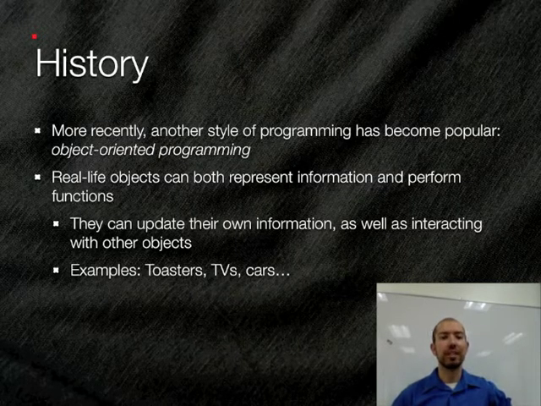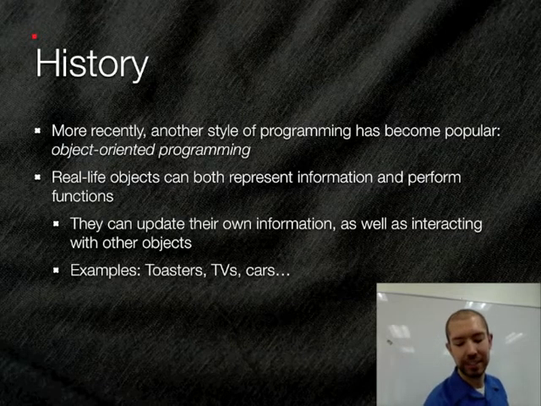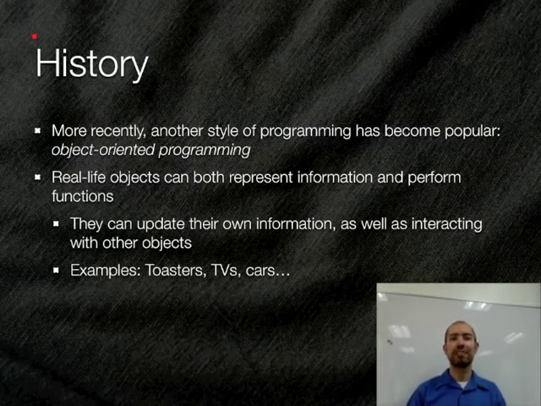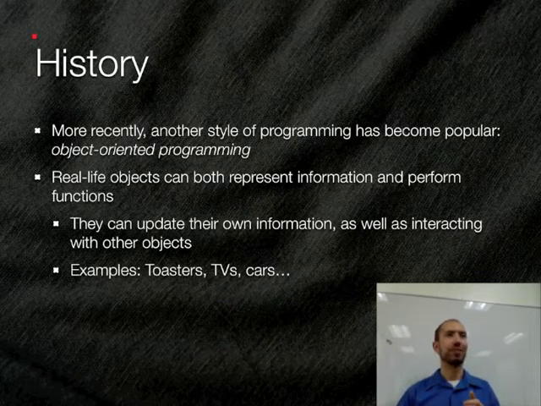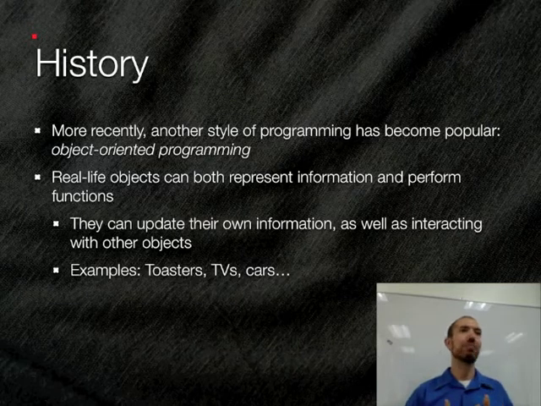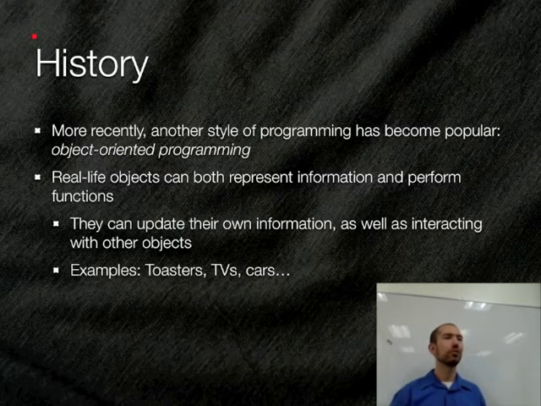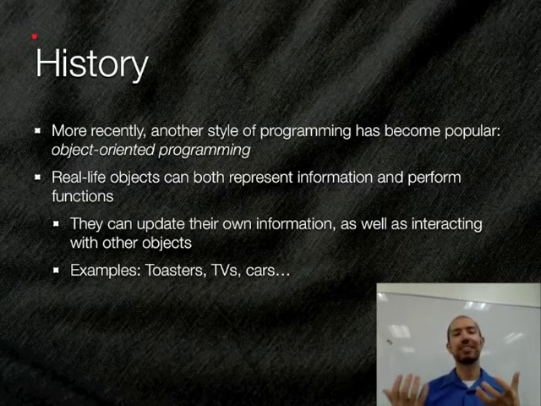So for example, think about an object like your toaster, right? Your toaster has a lot of information associated with it. How many slots does it have? What is the current brownness setting of the toast? Does it have any bread in it? Is the toaster lever pushed up or down? This is all information contained in the toaster object.